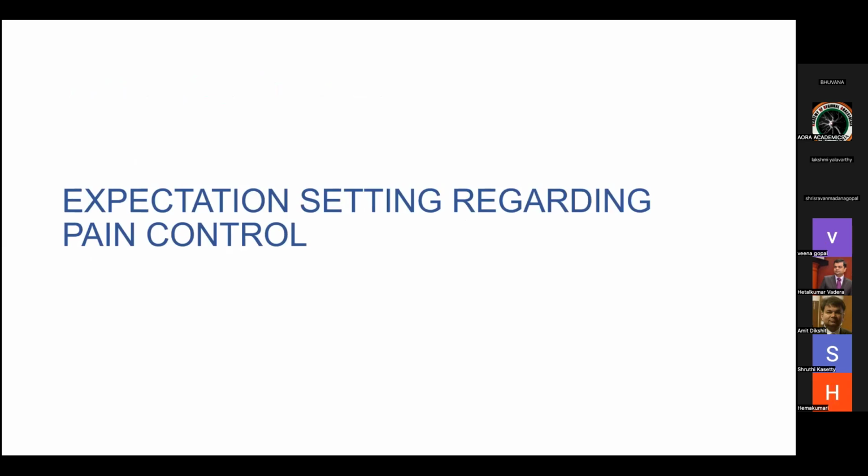In this expectation setting regarding pain control, the key idea is to set the expectations before surgery with the patients, what kind of pain will be there after surgery. Some pain is normal even if anesthesia worked well. We have to inform the patients what type of nerve block is planned. The duration of the analgesic block is limited.